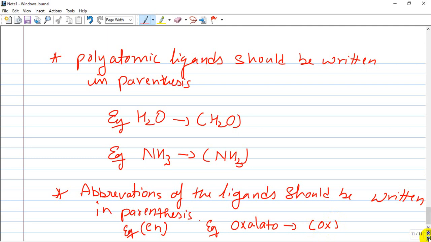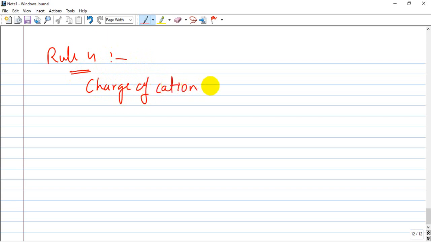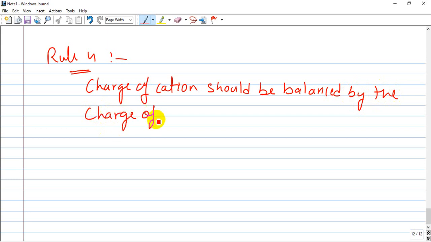And the last rule, charge of cation should be balanced by the charge of anion.